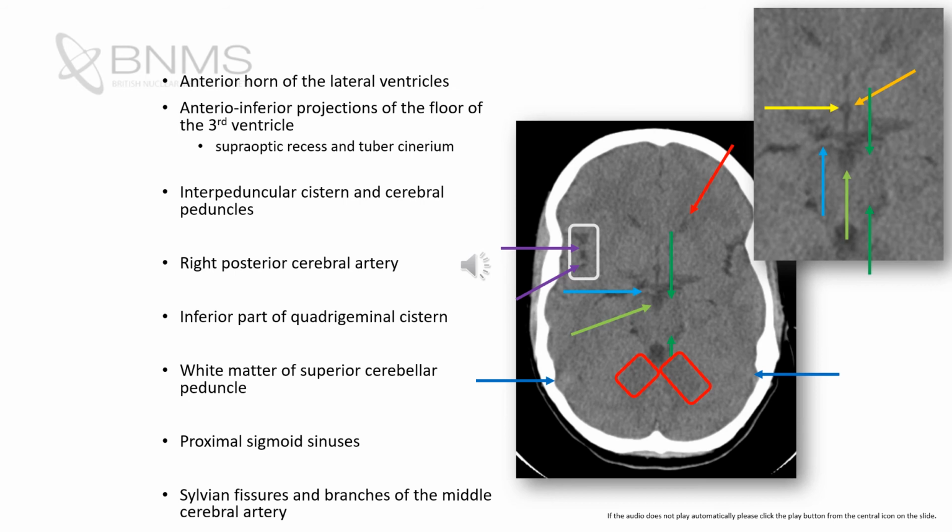The two dark blue arrows show the proximal sigmoid sinus. This is a continuation of the right and left lateral sinuses, which were formed from the division of the torcula.